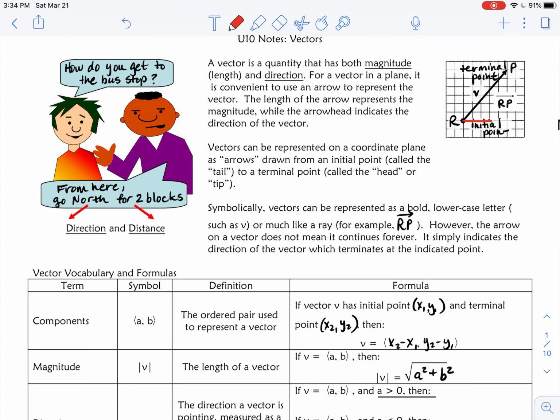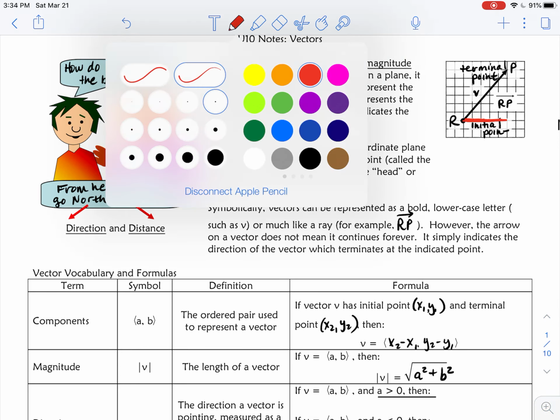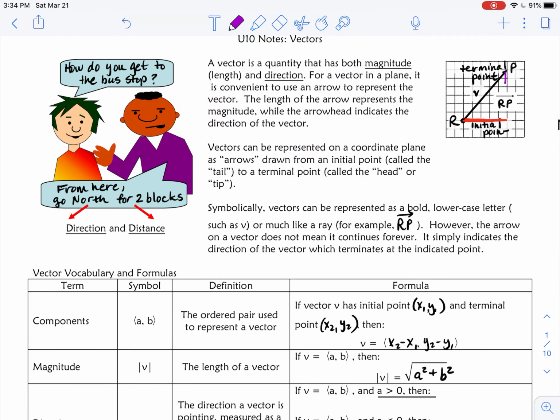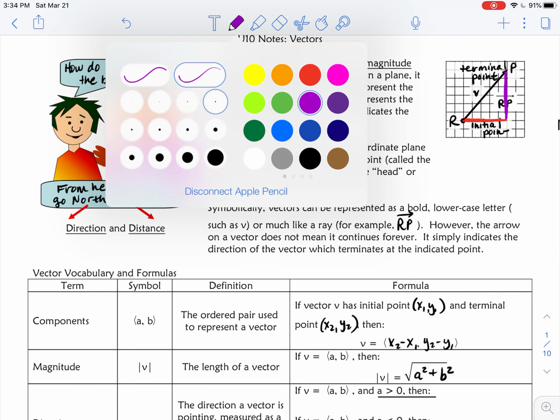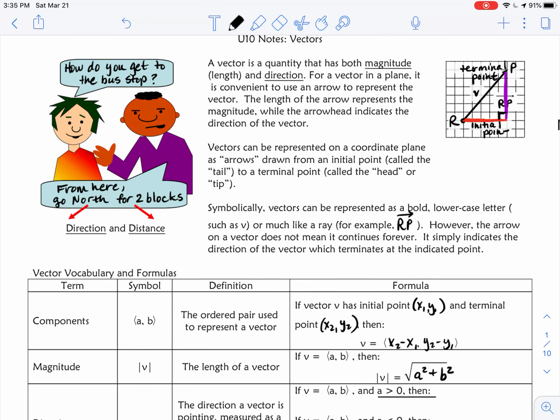If you have some horizontal component and a vertical component, this is just a right triangle. So if we wanted to find the length of this vector, we would take the horizontal component, square it, and the vertical component, square it, and take the square root. And that's what the Pythagorean Theorem is.